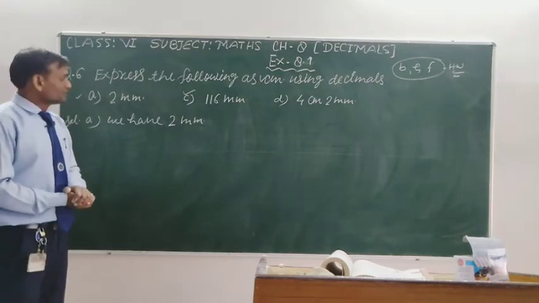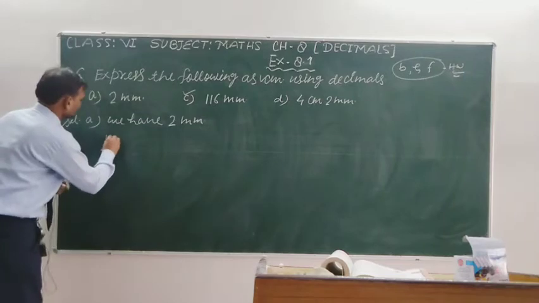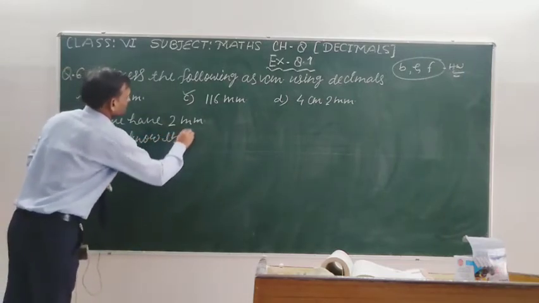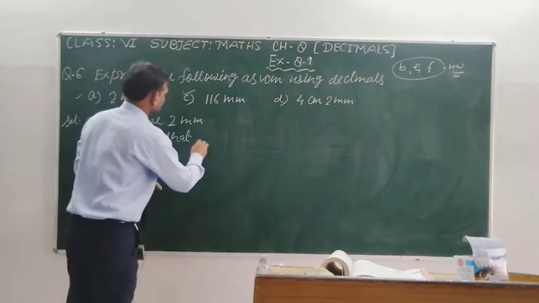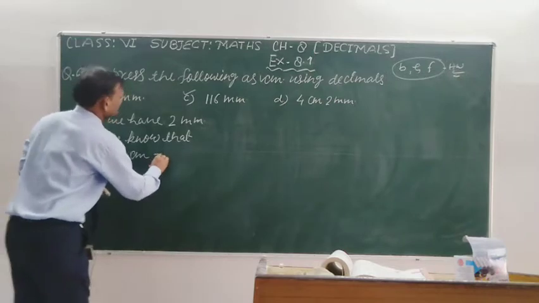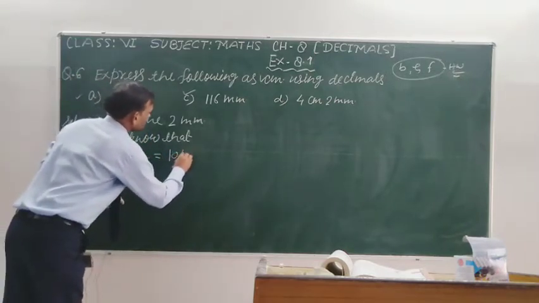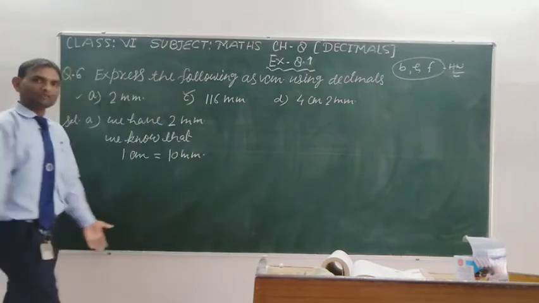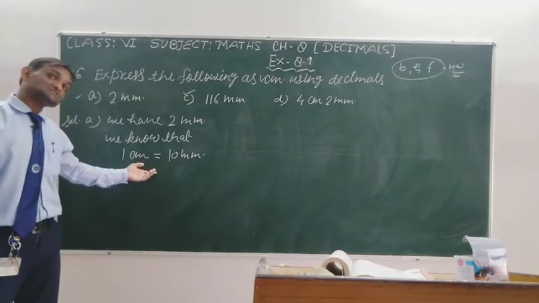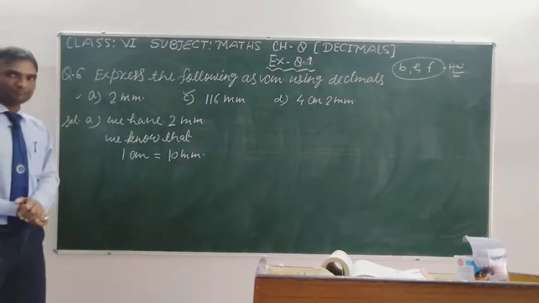So student, firstly we want to know the scale. We know that 1 centimeter is equal to 10 millimeter. You know very well, you have learned it in class 5th. 1 centimeter is equal to 10 millimeter.